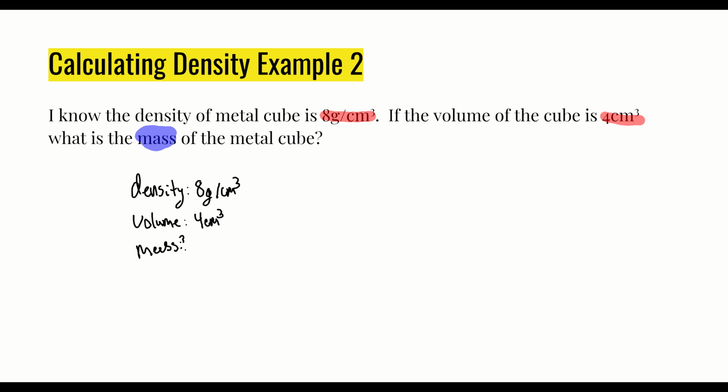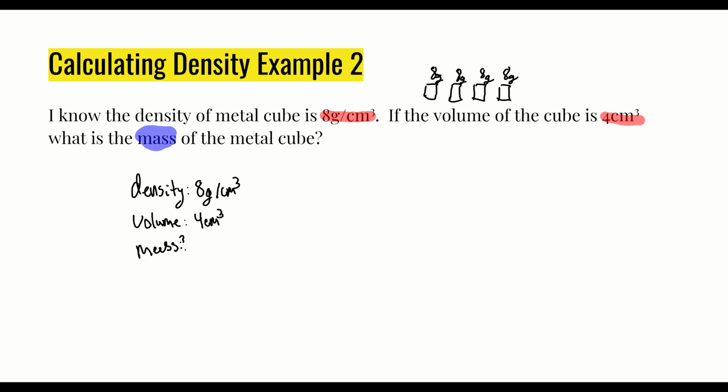One way you could think about it is if I have 8, 4 times. If that's a cubic centimeter, that's a cubic centimeter, cubic centimeter, cubic centimeter, then for each one of these, I'm going to have 8, 8, 8, and 8 for my density, right? So I'll have 8 grams of stuff.